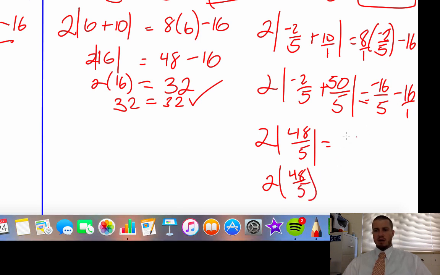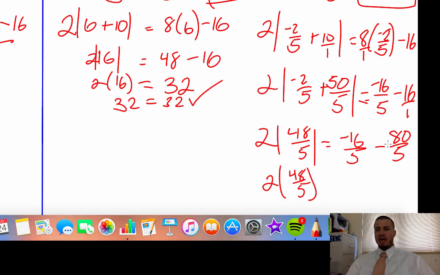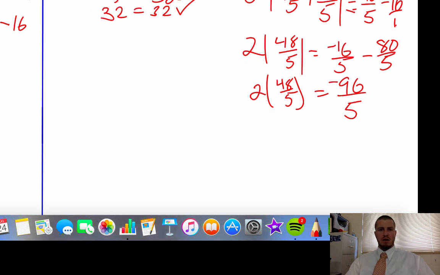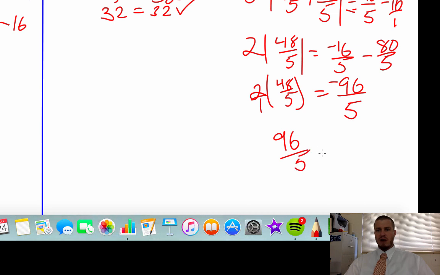Negative 16 over 5 minus, this has got to be denominator 5, so multiply numerator and denominator by 5. That's going to make this 80 over 5. So negative, negative, add the numbers. That becomes negative 96 over 5. Keep the sign negative. And on the left, just multiply straight across. 2 times 48 is 96 over 5, is equal to negative 96 over 5.